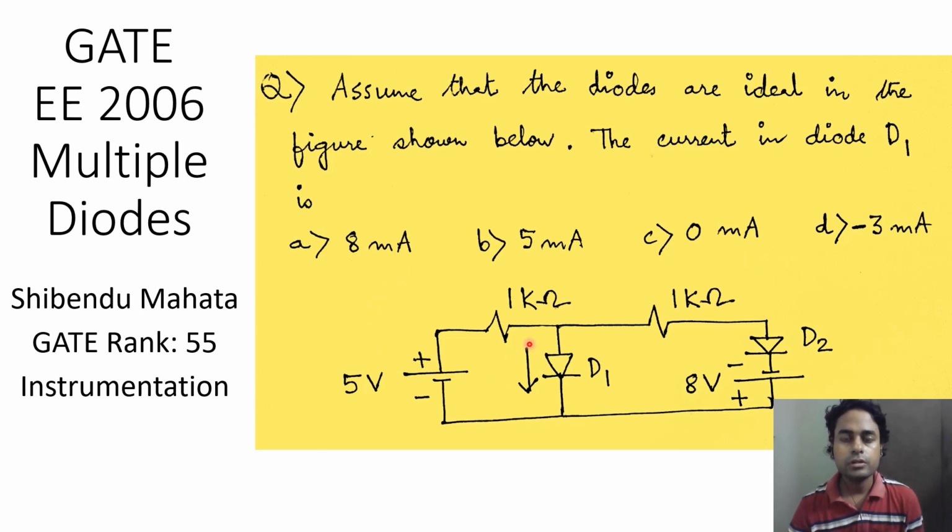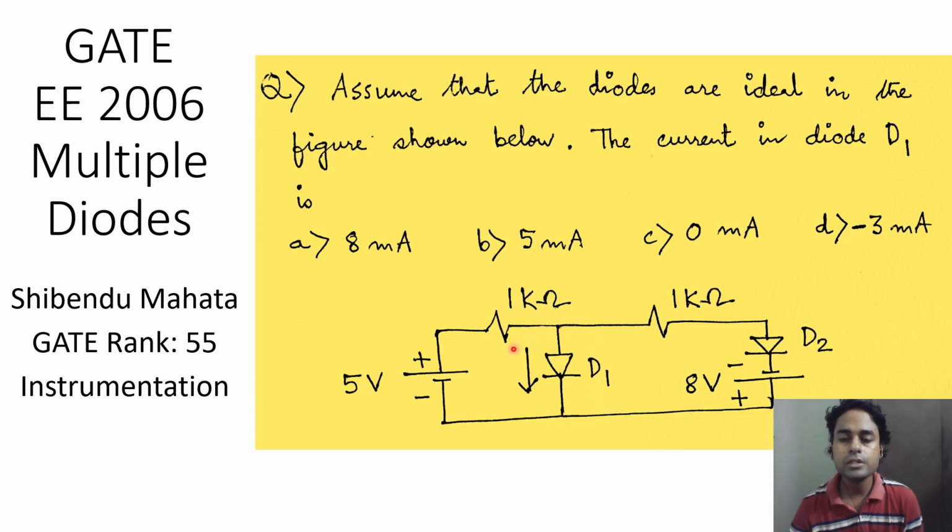And this is the direction of flow of current through the diode. Now, one of the options that we can eliminate straight away is option D, which is talking about negative current flow through the diode. That means instead of the current flowing from anode to cathode, negative 3 means that a current of 3 milliampere magnitude will flow from cathode to anode.